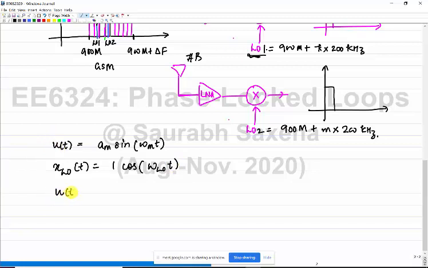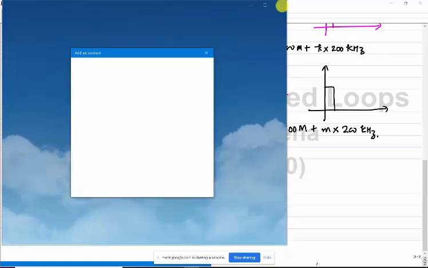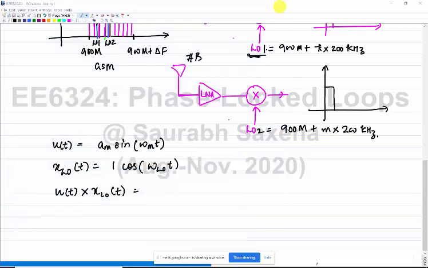So when you mix this u of t with x_LO of t, you can write it together. So you have A_m times sine of omega_m t times cosine of omega_LO t, right?